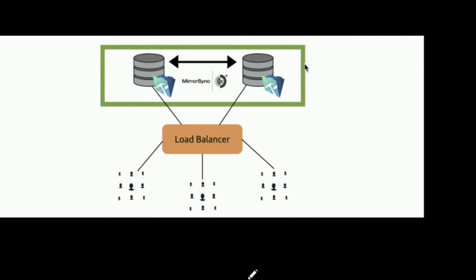It's also increasing your reliability, because if server A goes down or server B goes down, the load balancer, that orange box in the middle, will shuttle all the traffic over to the other one.